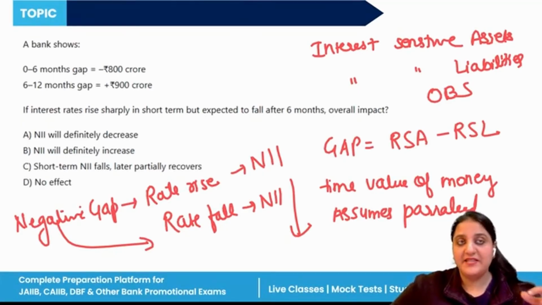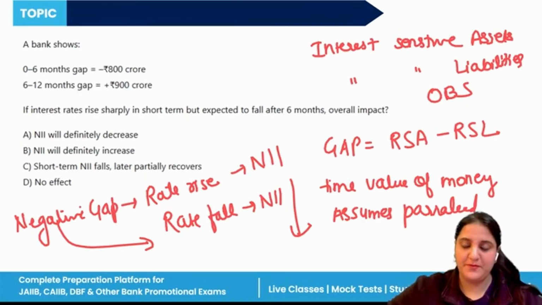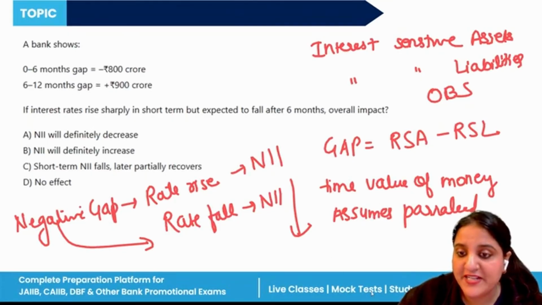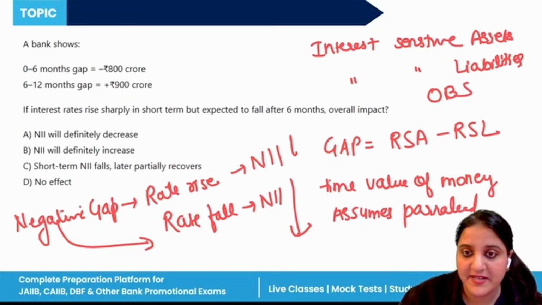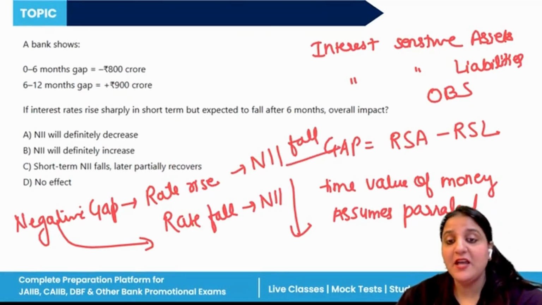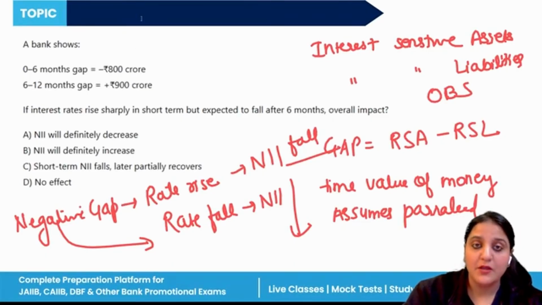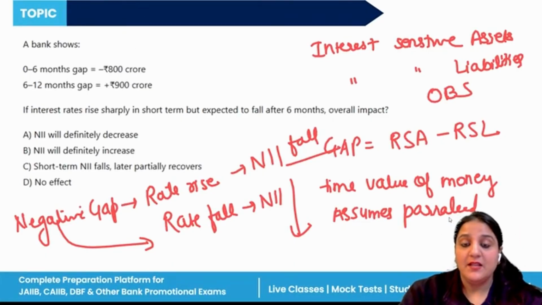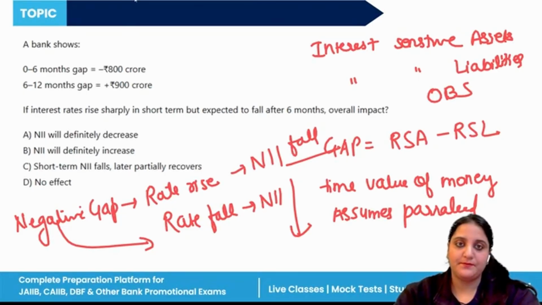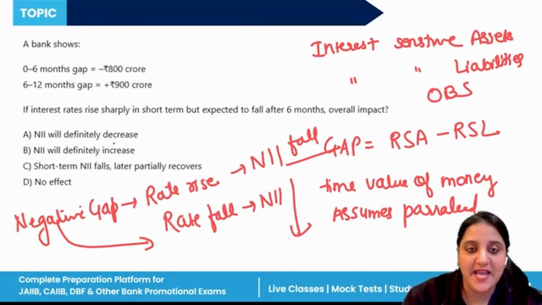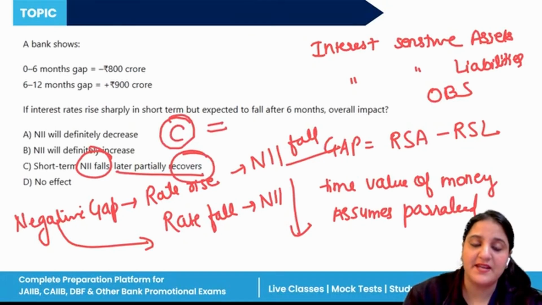There is an inverse relationship in the negative gap, right? But in the positive gap, if rates fall, NII falls. So we can say gap analysis captures the time bucket sensitivity, not the full life cycle impact. So option C is correct here. Short term NII falls, later partially recovers. Option C is correct.